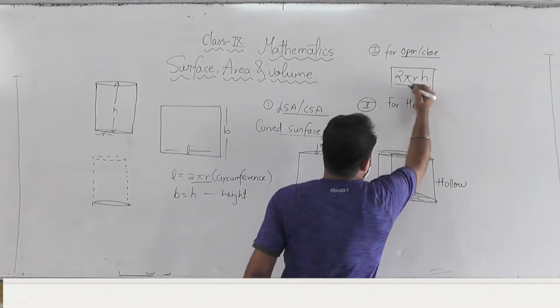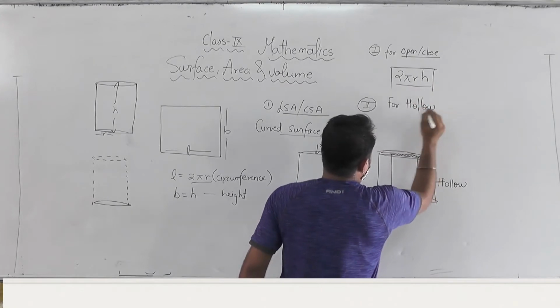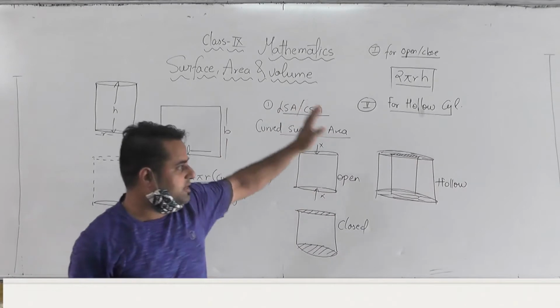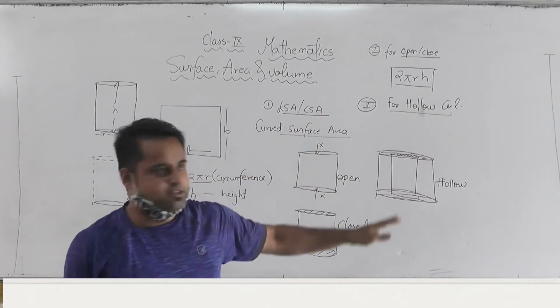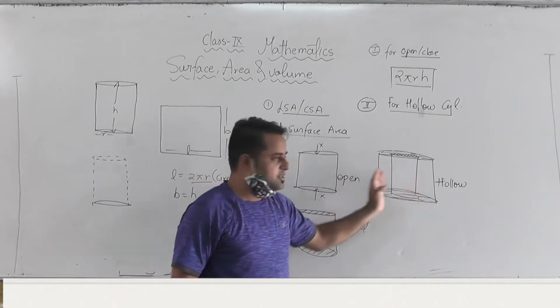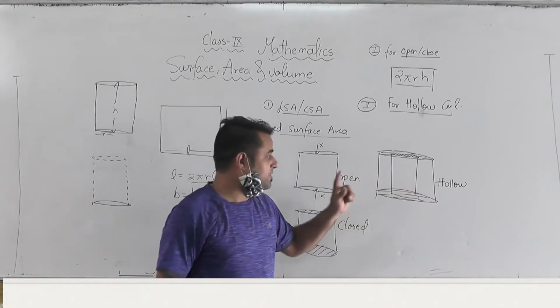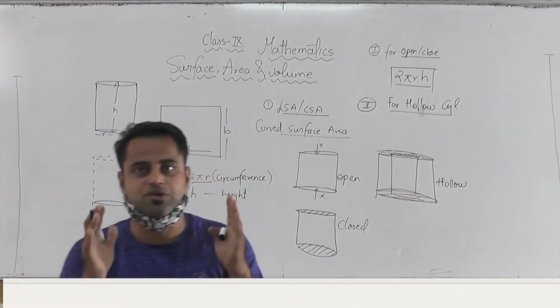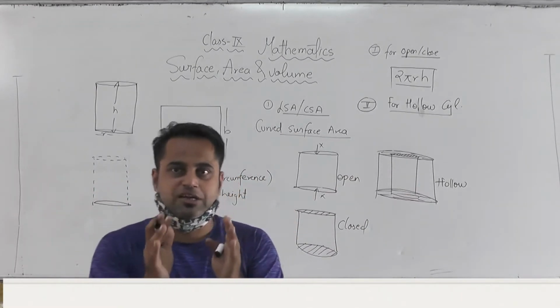Secondly, for the hollow cylinder. It is a different case, but the scenario is the same. We are not taking the top and bottom here either, so again we call it the curved surface only. But remember it has two different surfaces: an outer curve and an inner curve.